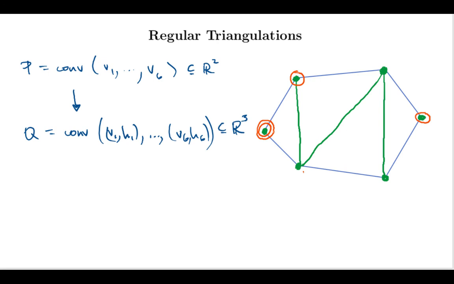And mathematically, the way I do this is I lift my vertices, I take the convex hull, so this will now be a 3-dimensional polytope, and then I look at that 3-dimensional polytope from below, and because this higher dimensional polytope is simplicial, if I project that back down, I get a triangulation. There's nothing special about 2 dimensions here.